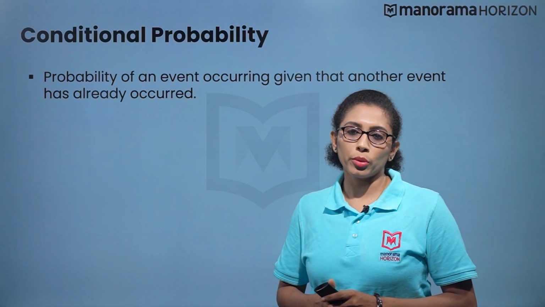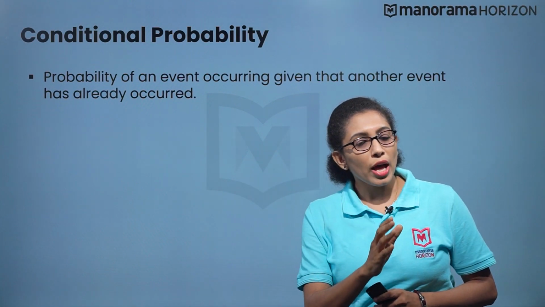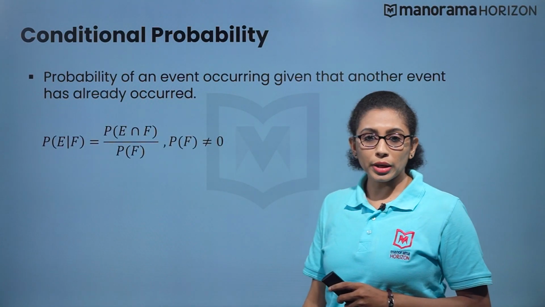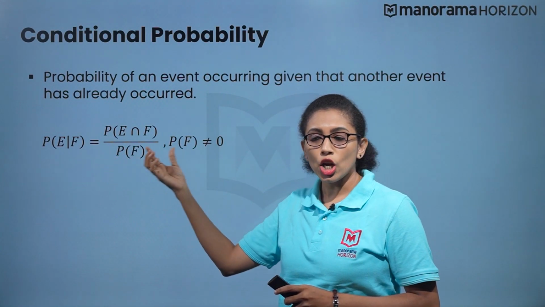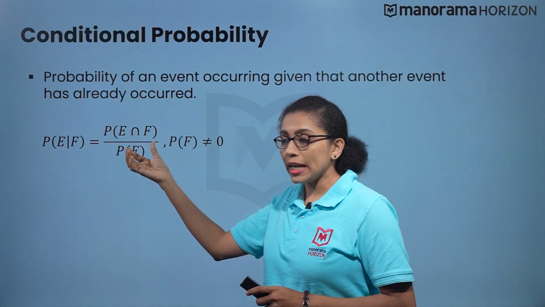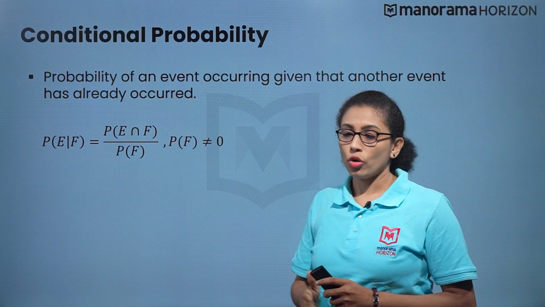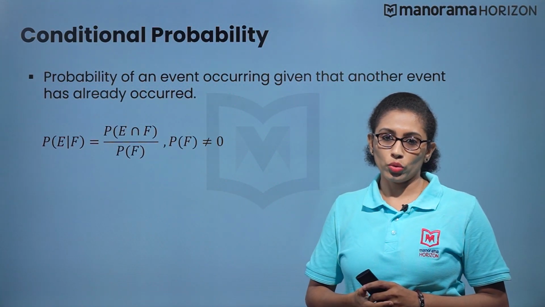The conditional probability of the event E given that F has already occurred is given by probability of E given F, which is nothing but probability of E intersection F upon probability of F, where the probability of F should not be equal to 0.